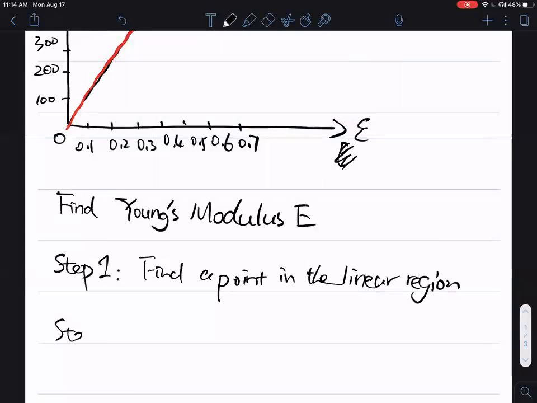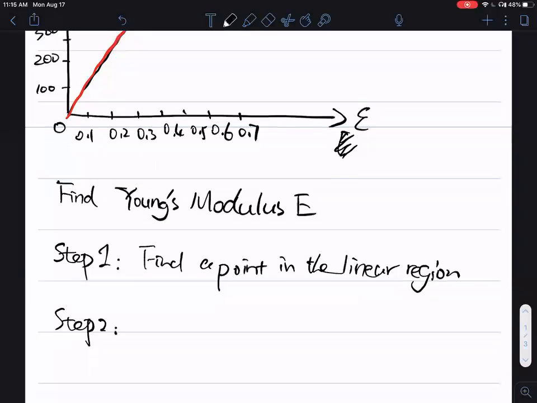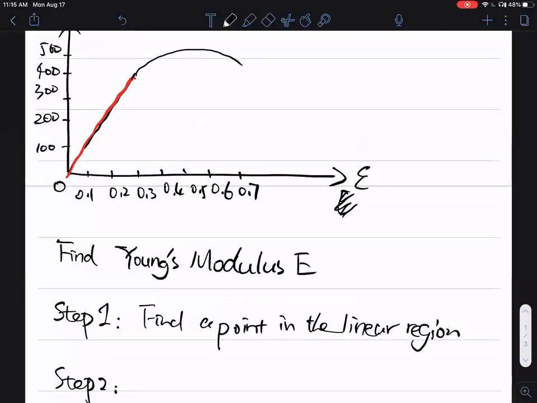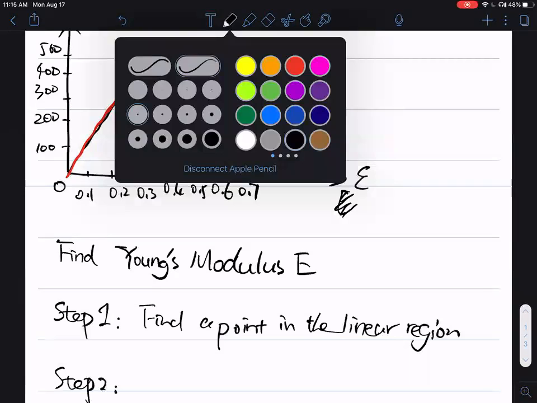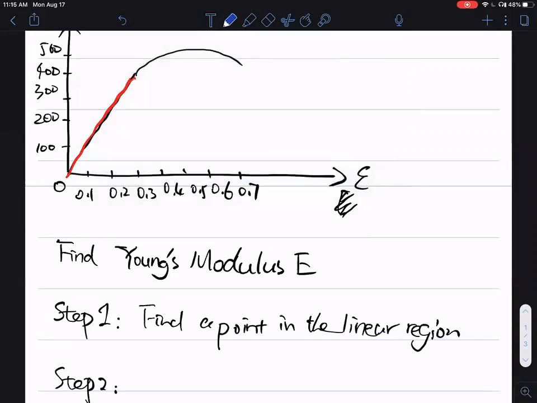So step 2 is to read the sigma, which is the stress, of the point you just picked in that linear region. You can pick any point inside the linear region. Pick this point right here.